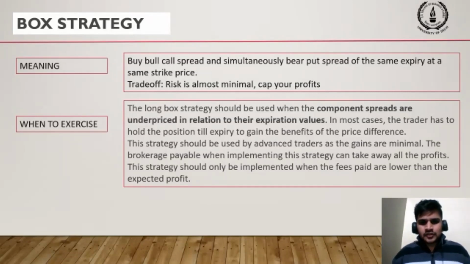So in most cases, the trader has to hold the position till expiry to gain the benefits in terms of the price difference. This strategy is majorly used by advanced traders, as the gains are pretty minimal and the brokerage payable is a considerable amount of the profit that you gain. So yeah, this is a strategy for advanced traders.